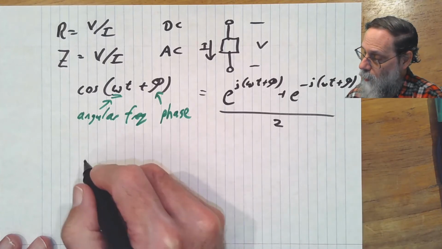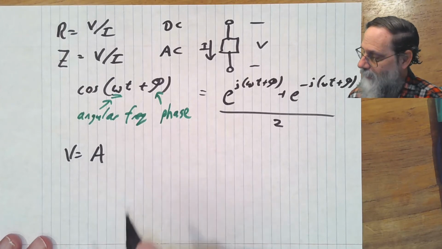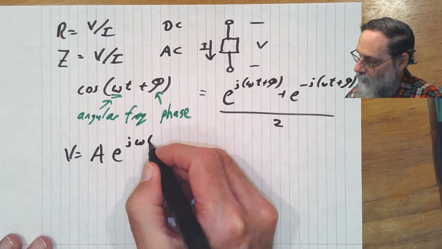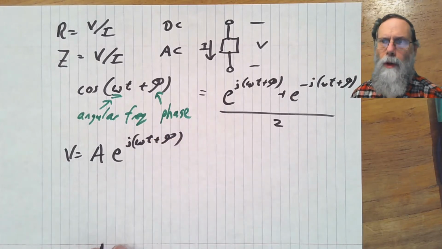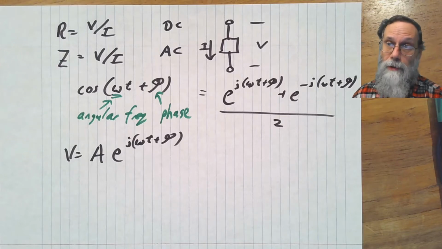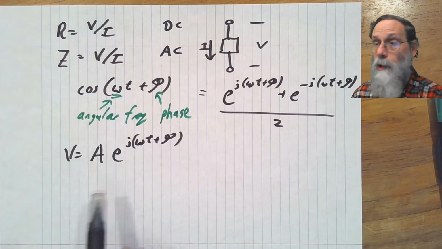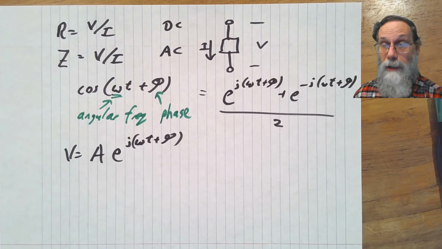So what happens if we put in a voltage that's, say, some amplitude a times e to the j (omega t plus phi)? What current are we going to get? Well, as long as we're dealing with what are called linear components, and that includes resistors, capacitors, and inductors, and combinations of them, the current will have the same angular frequency.